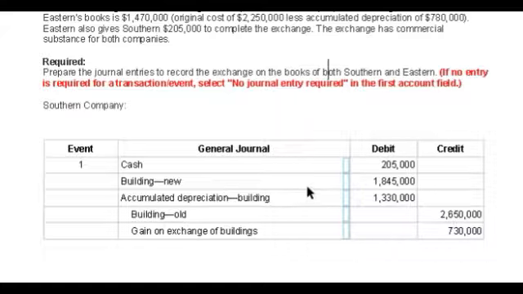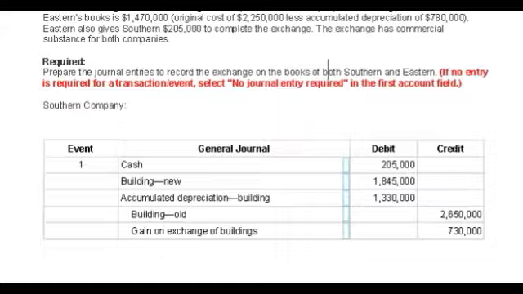Then we just talked about the building it just acquired from this exchange. The way we cost it is the fair value that Southern Company is giving up minus the 205,000 that it received in addition to the building that it's receiving.